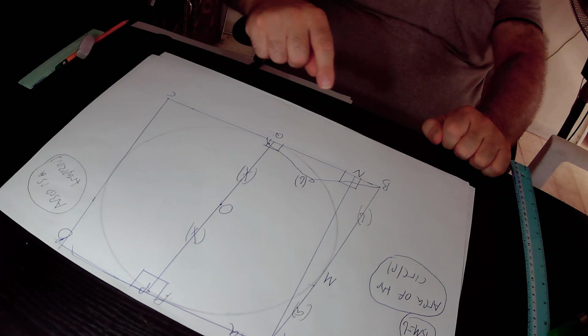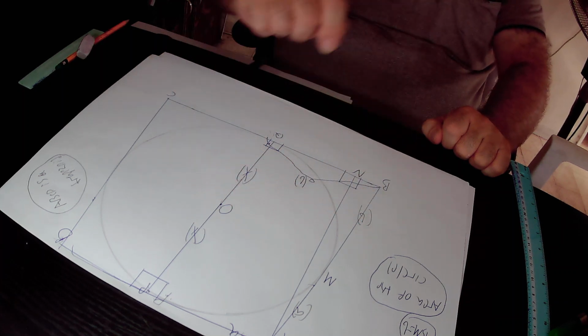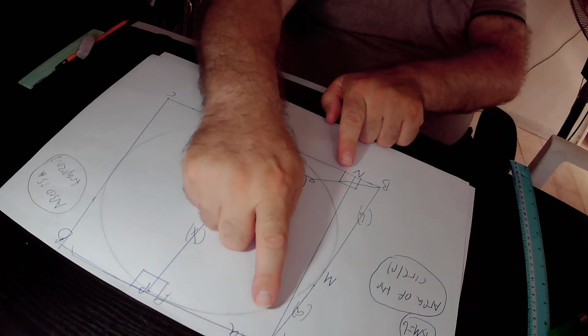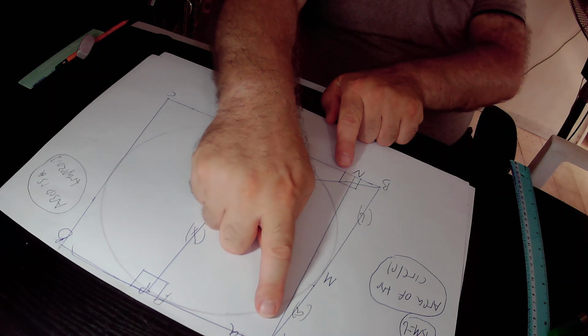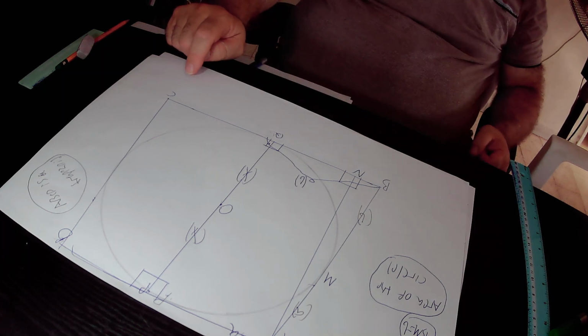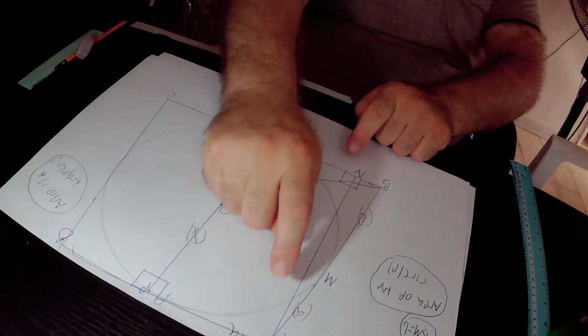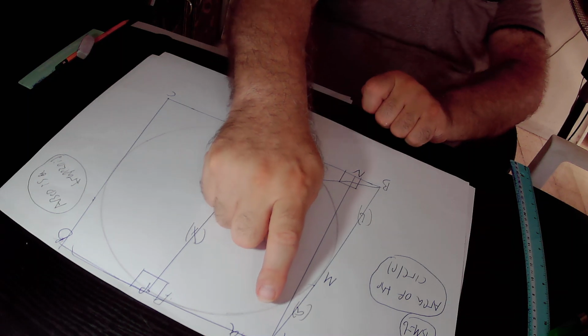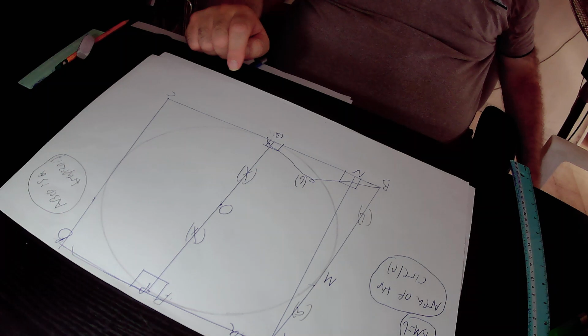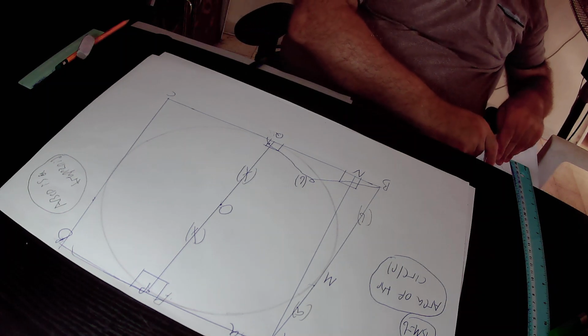Because ABCD is a trapezoid. So those two one-sided angles are located between the parallel lines AD and BC, and therefore, according to rule 17, the sum of those two one-sided angles that are located between the parallel lines AD and BC must be equal to 180 degrees. So I'll repeat quickly on rule 17.